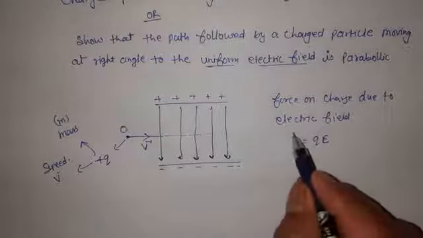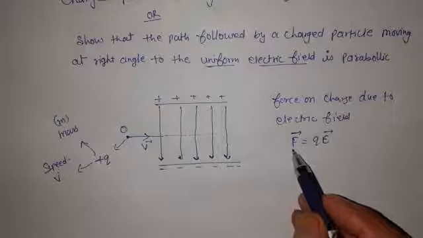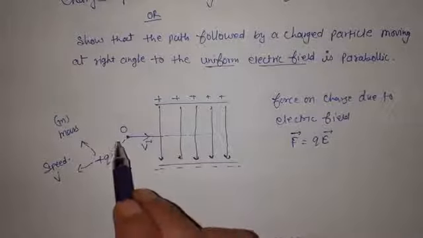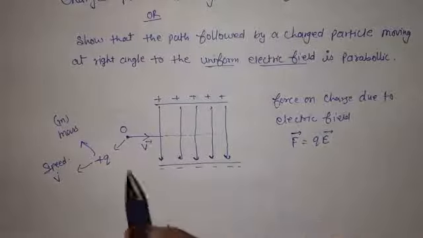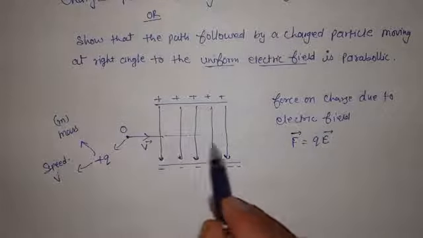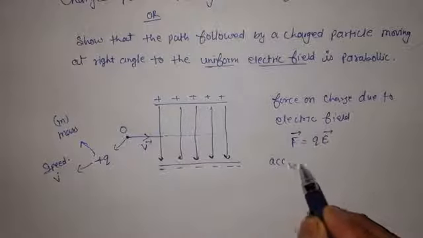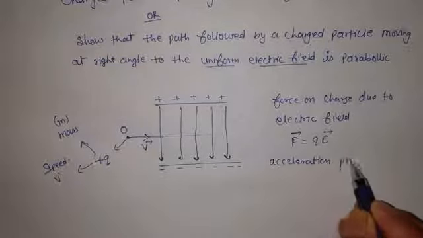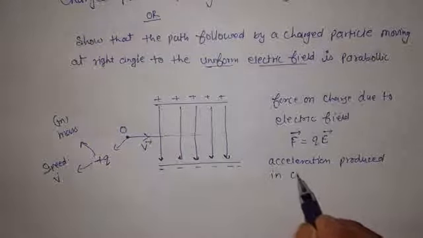In the vector form, if we want to show it, this is the vector form. Due to this force, according to Newton's second law, when a force acts on any mass, it will produce acceleration. So this charge will be accelerated. How much acceleration is produced in this charge?